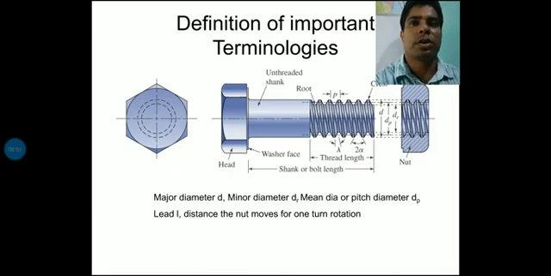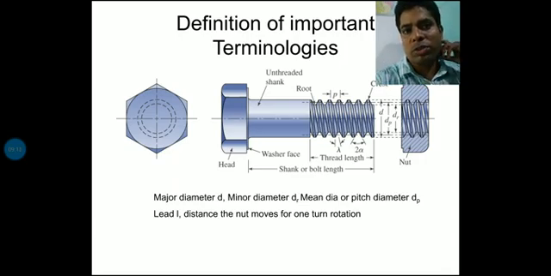Next is the minor dia. It is measured from the root to the root of the thread, and it is also called the root or core dia.